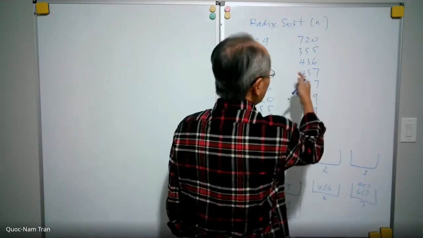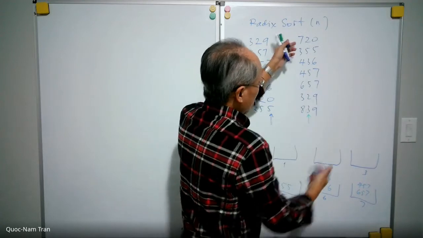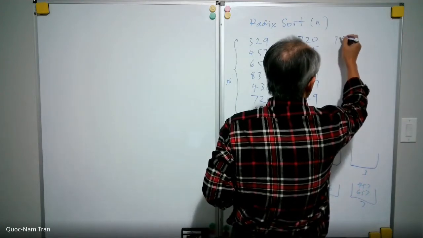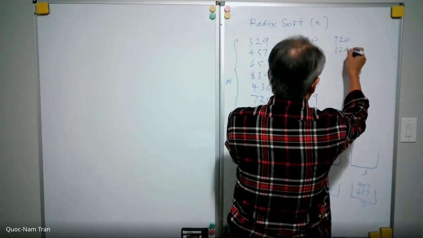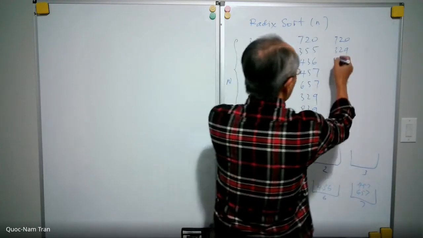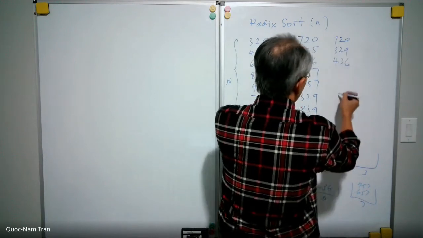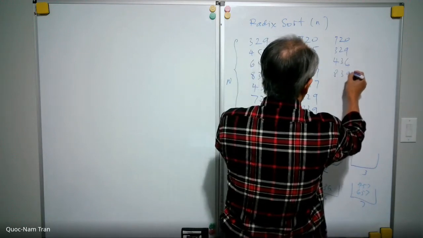So we should have 720, and then we have 329, and then 436, and then 839, right?